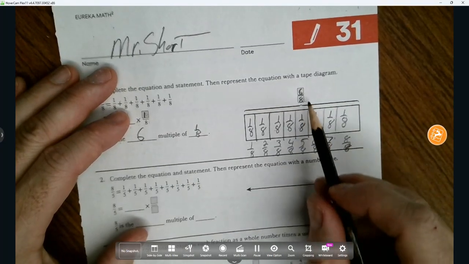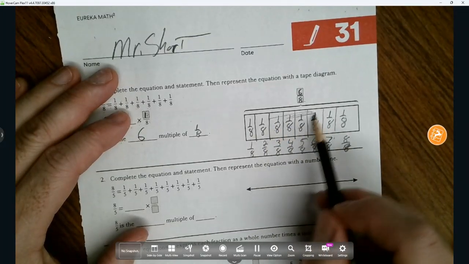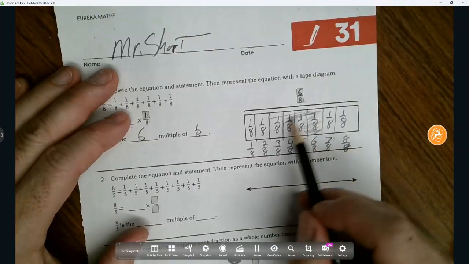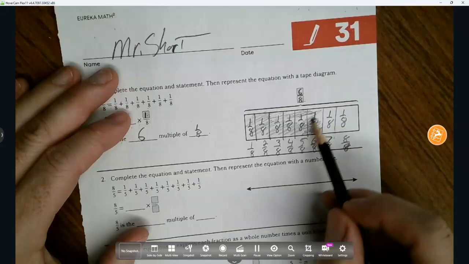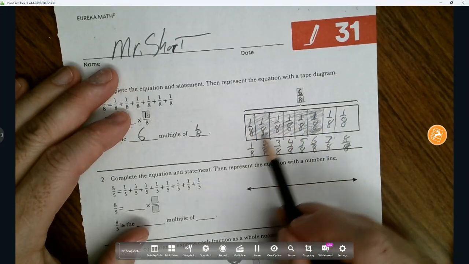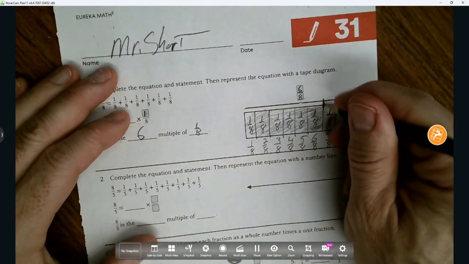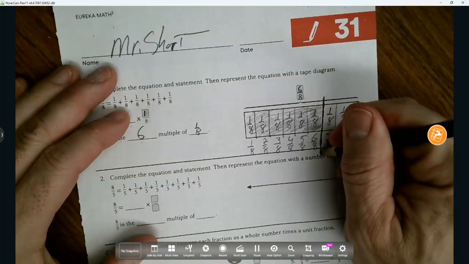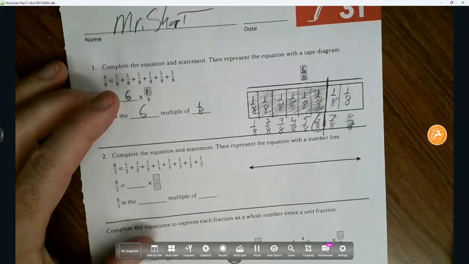So to show 6/8, 1, 2, 3, 4, 5, 6. You could shade this in lightly. You draw your line real heavy right here to show that's where it stops. You could circle 6/8, however you want to show that one.